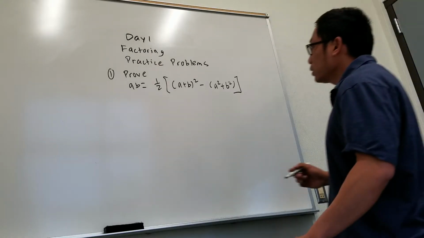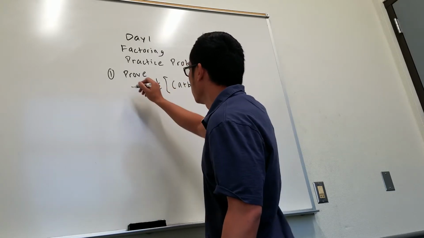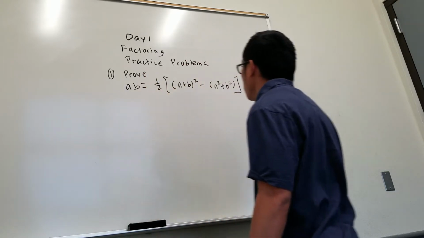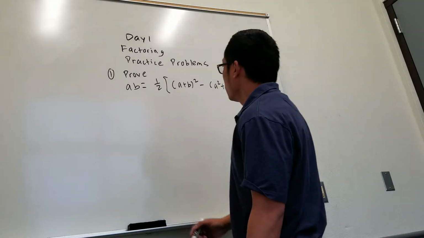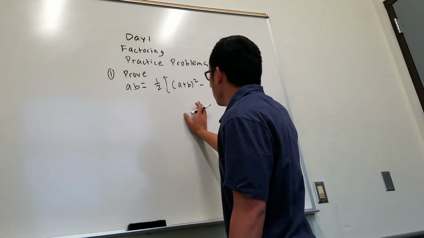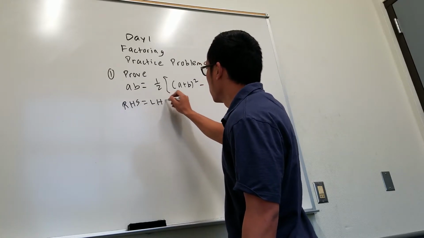So how do I do this? This is ab, by the way. We're trying to prove ab is equal to 1/2 times (a plus b) squared minus a squared minus b squared. Same thing I did last time, I'm going to put the right hand side equal to the left hand side.